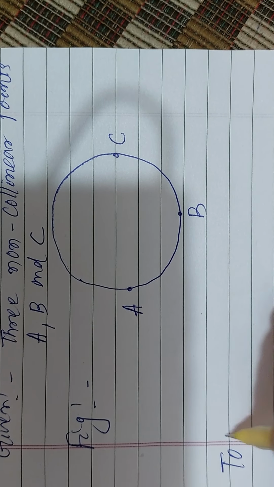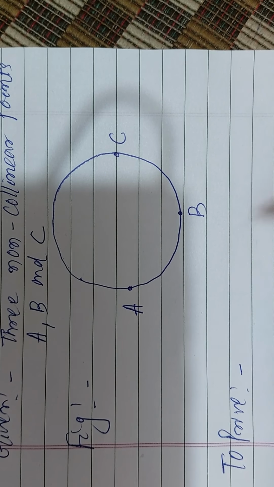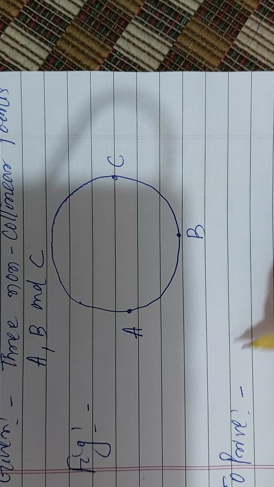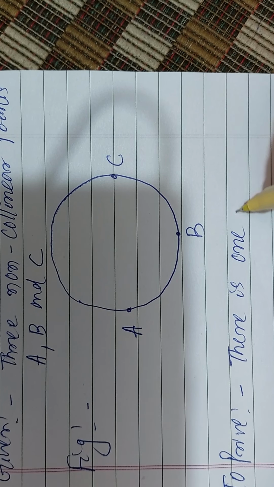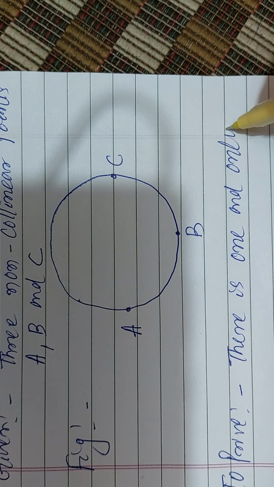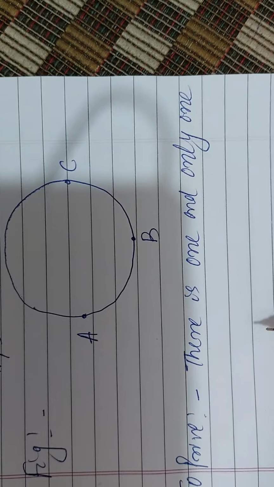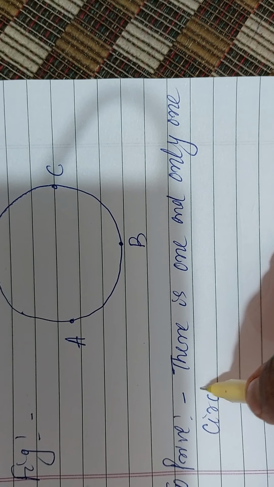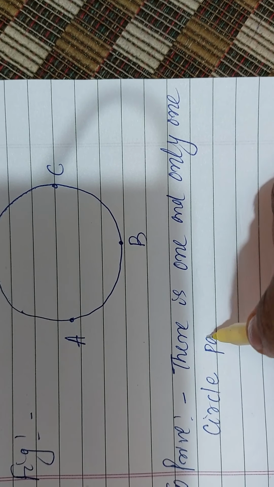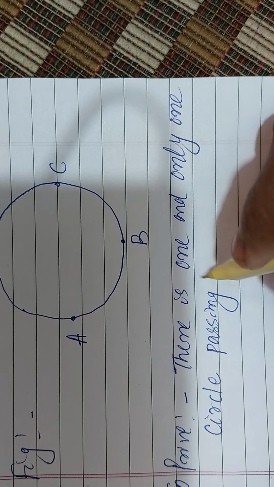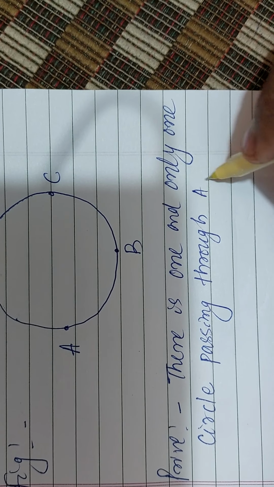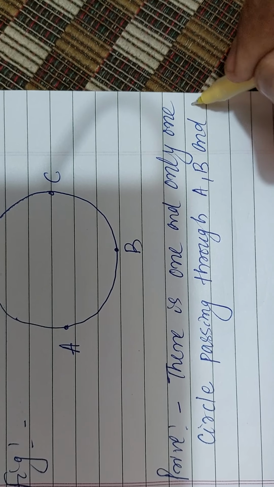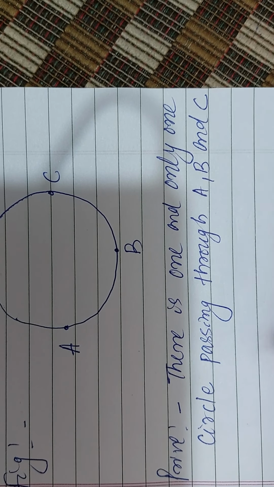To prove there is one and only one circle passing through A, B and C, three non-collinear points.